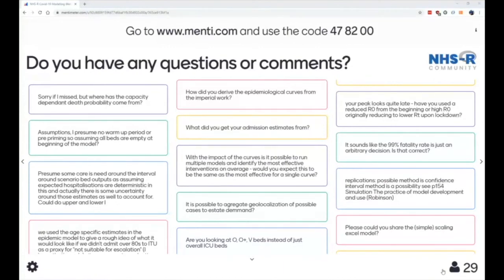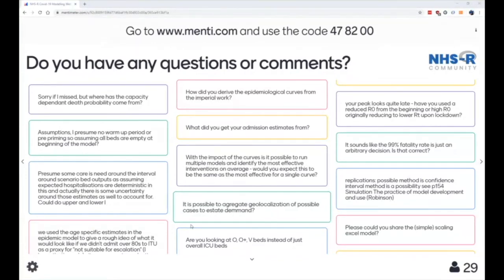Certainly elective demand is reducing through stopping elective cardiac operations and so on. So that can be factored into the available bed base that is input as one of the arguments available for COVID-19. But certainly in terms of the initial conditions, it started empty, so there is no need for a warm-up period. And we are assuming that whenever it started from, all of those beds are available for the new demand.